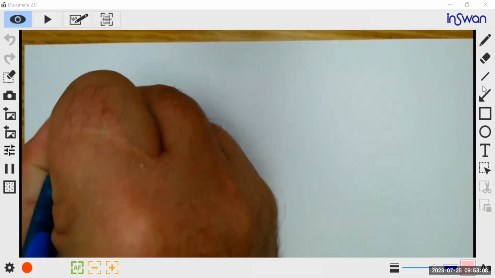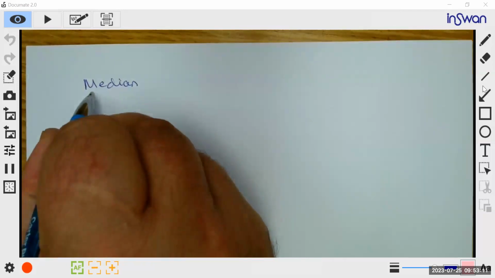The next one we're going to talk about, the median.